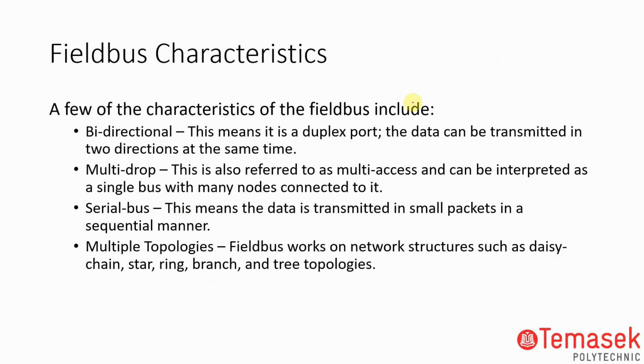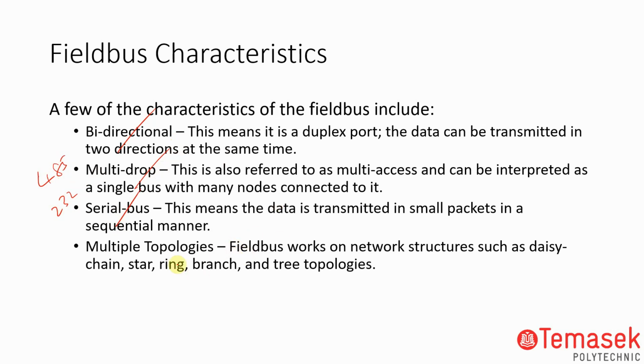A few characteristics of the old way of doing fieldbus. It can be bidirectional, right? It can be multi-drop. Basically, this is the 485, this is 232, right? All these are fieldbus. This is a lump of everything, right? And I mentioned multiple topologies.